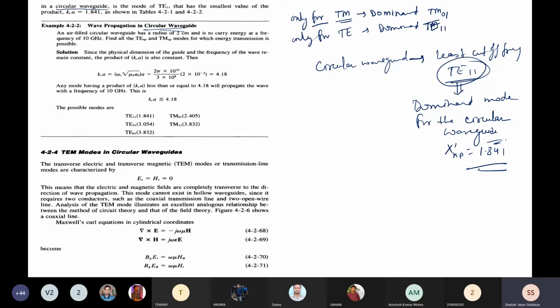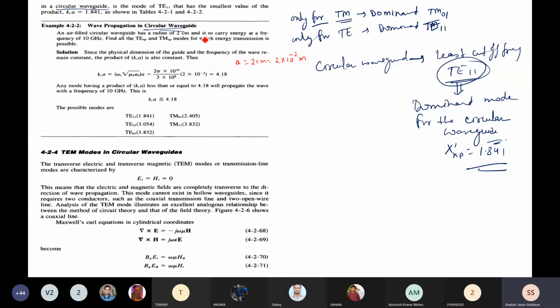The problem given: an air-filled circular waveguide has a radius of 2 centimeter. So the radius is given as 2 centimeter, that means a is equal to 2 into 10 to the power minus 2 meter.